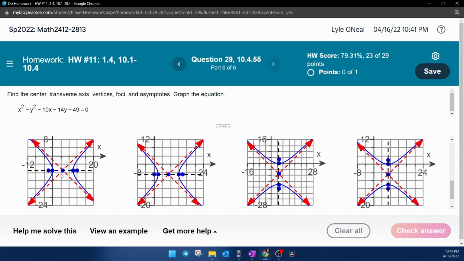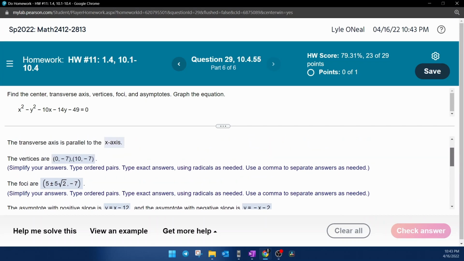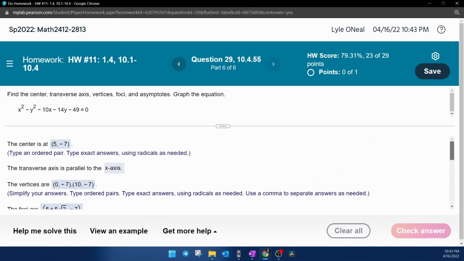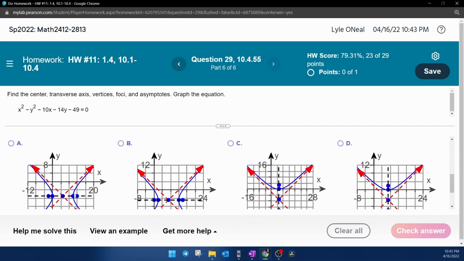Now, what I notice about these two graphs that are left, A and B, is their center is in a different location. And we know that our x-coordinate of the center was 5. That leads us to conclude that answer choice A must be correct because the center is closer to 5 than it is for answer choice B.